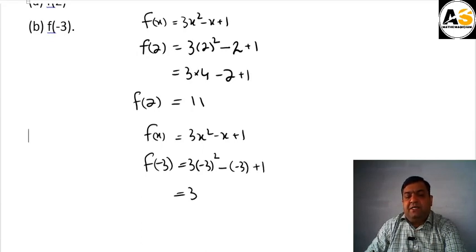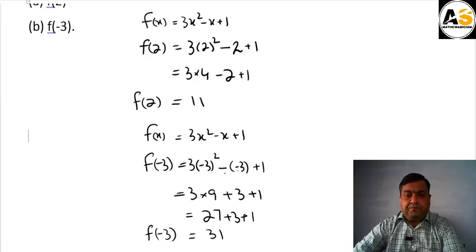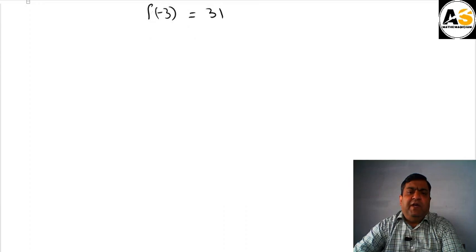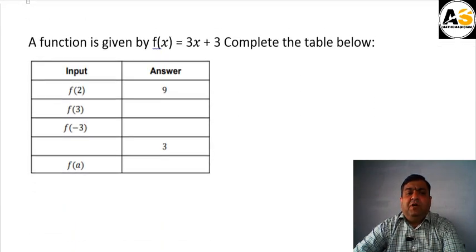What is the square of minus 3? It is 9. Negative, negative, it will become plus 3 plus 1. So this will be 27 plus 3 plus 1, which is 31. f of minus 3 is 31. This is how we find the value of a function for a given value of x.